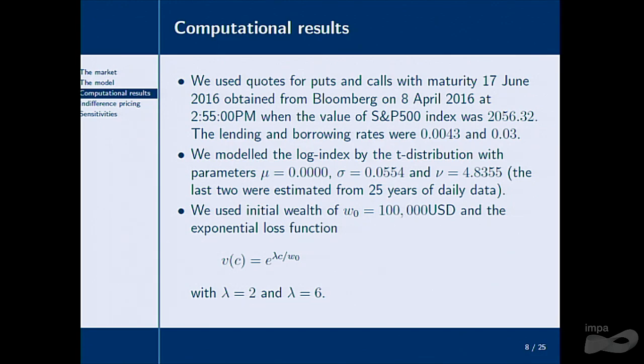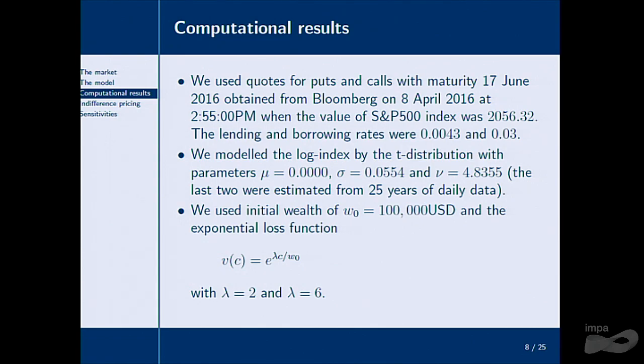And then the results. We're going to use exponential utility, where we scale everything by the initial wealth, and then we look at different risk aversion parameters, lambda. Our initial wealth in these examples will be $100,000. We model the value of the index at maturity by a t distribution. We assume 0 mean, and the other parameters, the scale parameter and the degrees of freedom, were estimated from historical daily data.